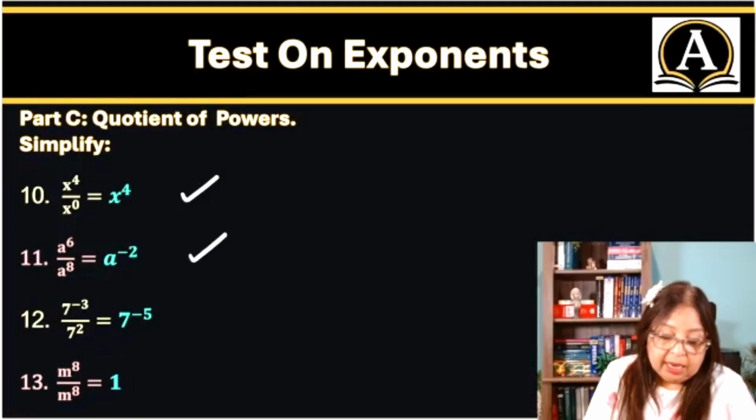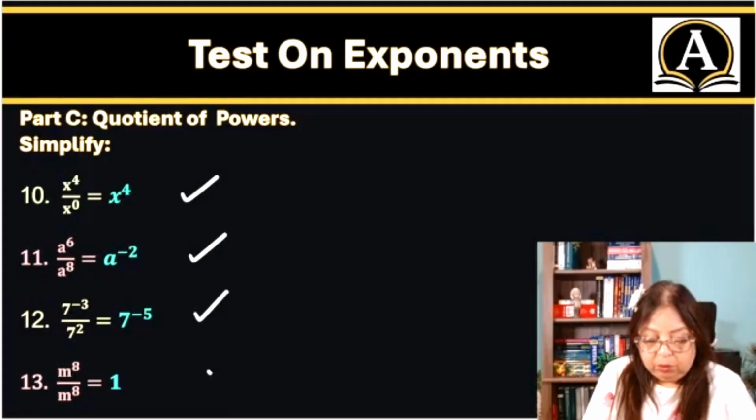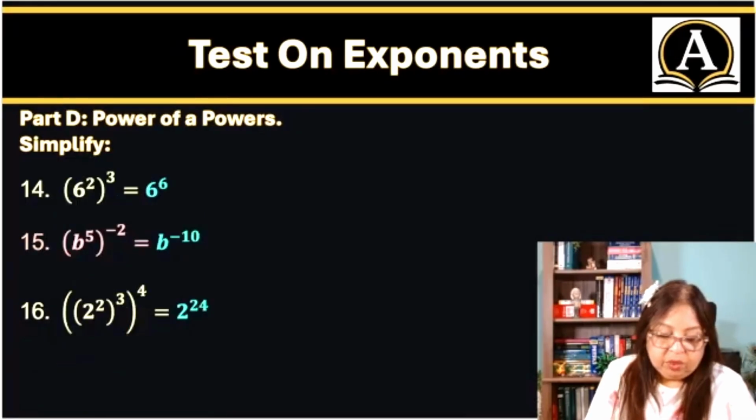Number 11, a to the power -2. Number 12, 7 to the power -5. Number 13, 1. Number 14, 6 to the power 6. Number 15, b to the power -10.